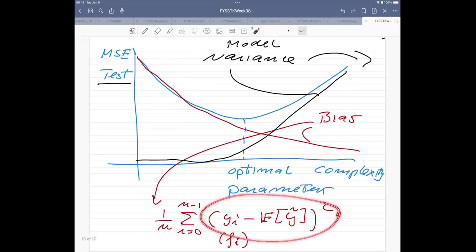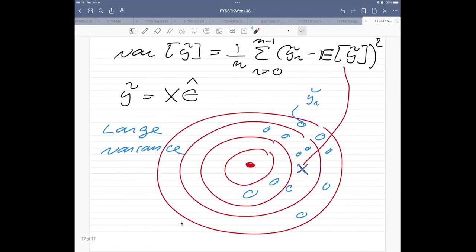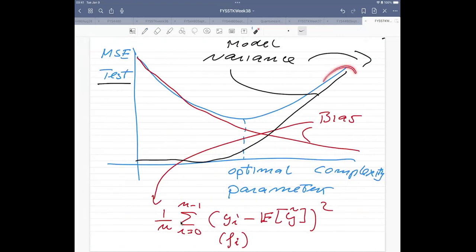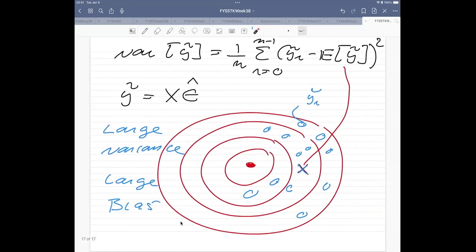And that is this quantity. So what about the bias? Is it big or small? It's big. So this is a case of large variance and large bias. And we don't want that, right? That sounds pretty intuitive, right? If we have a model which behaves like that, we will probably be somewhere here. Large bias and large variance.